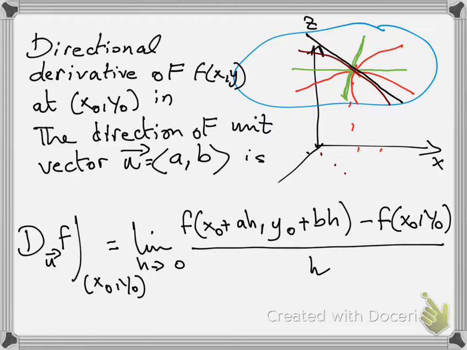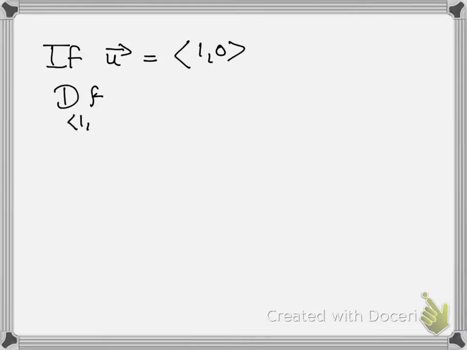And you can see here in the definition, guys, if the vector u is equal to 1, 0, then the directional derivative of f in the direction of the vector 1, 0 at the point x0, y0 will be the limit as h goes to 0.